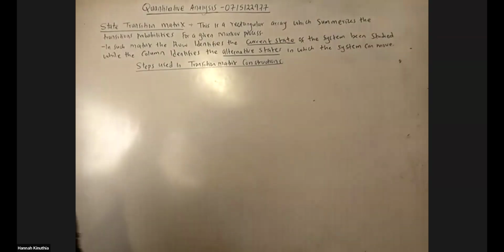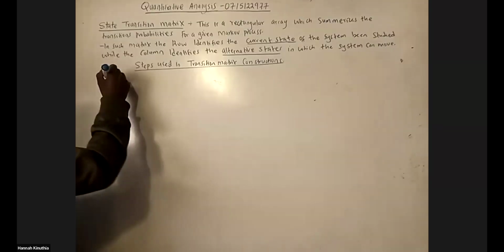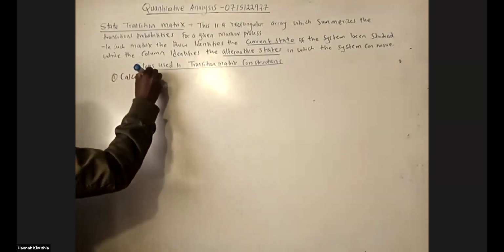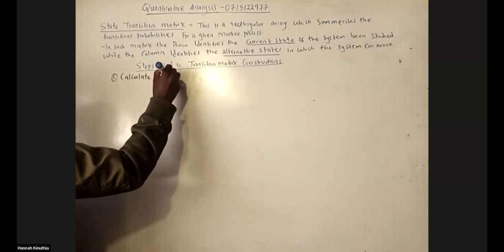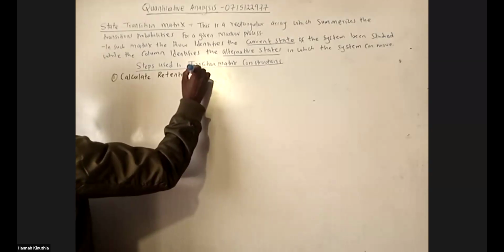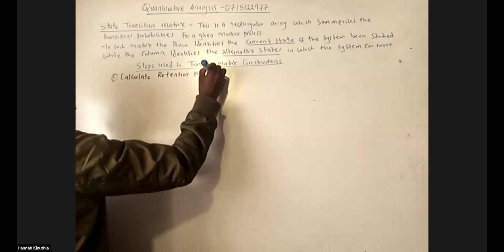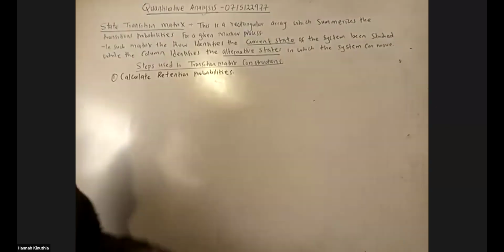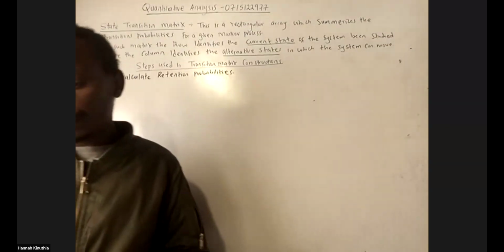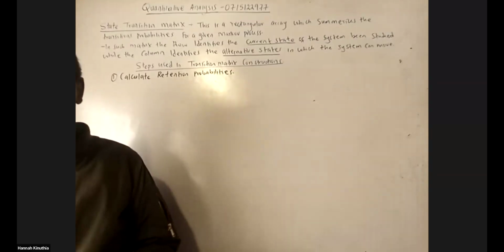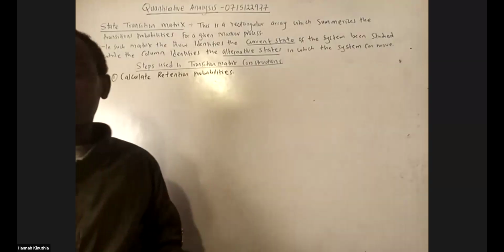Step number 1, calculate retention probabilities. So if you look at the questions that we have been doing, ukiangalia swali zilizokuwa tukifanya, we have been provided with the retention probabilities.